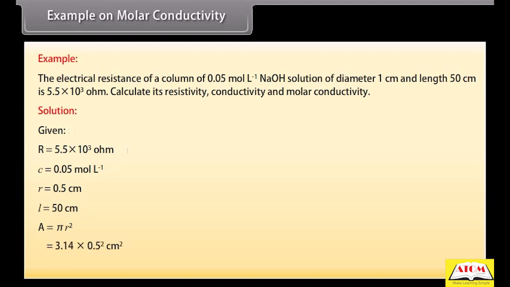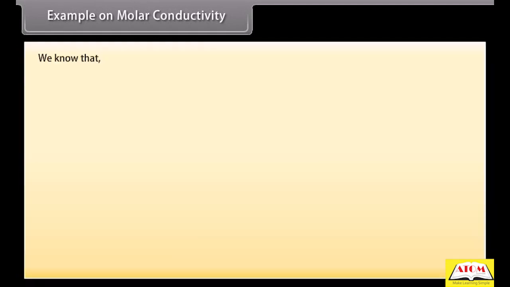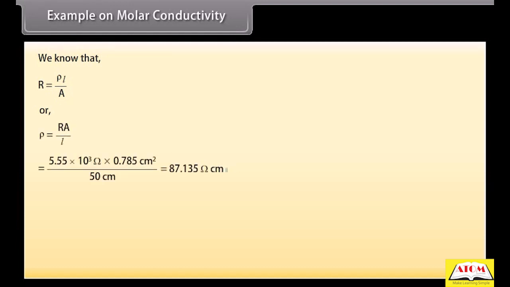By putting the values, we get area is equal to 0.785 centimeter square. We know that R is equal to rho L upon A. By putting the values, we get resistivity is equal to 87.135 ohm centimeter. We know that conductivity is the reciprocal of resistivity.